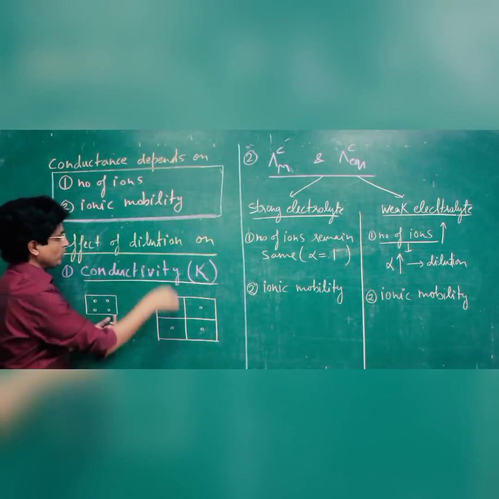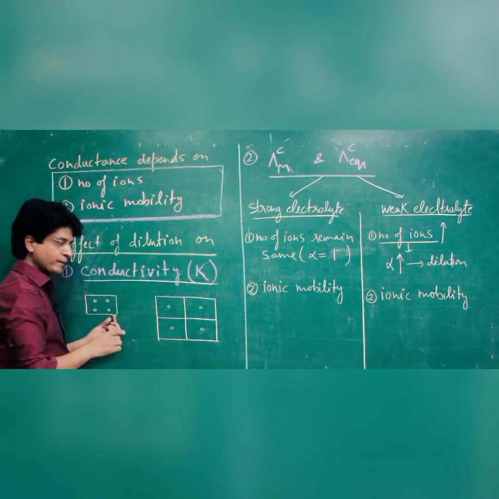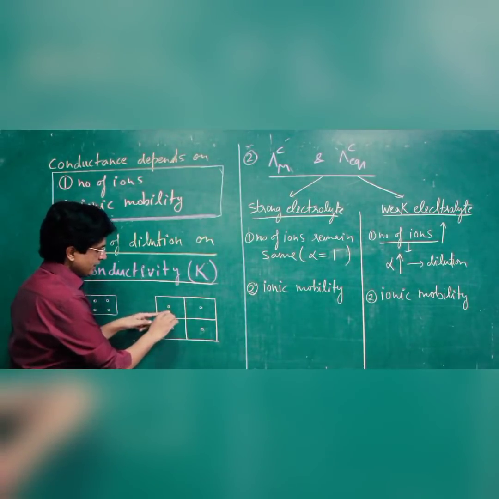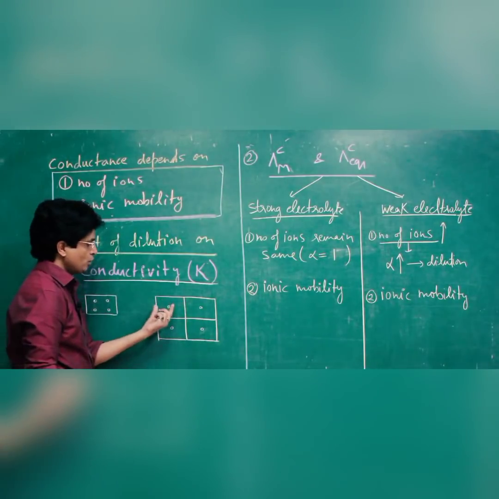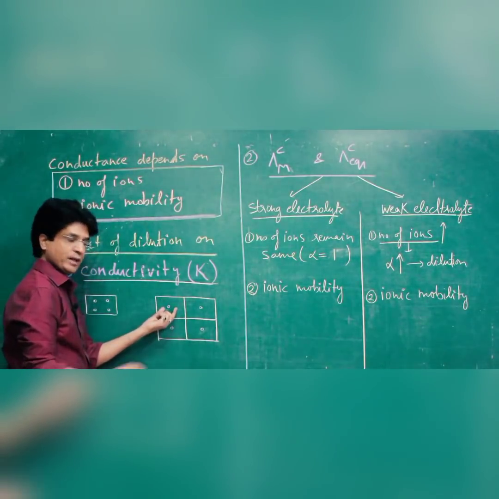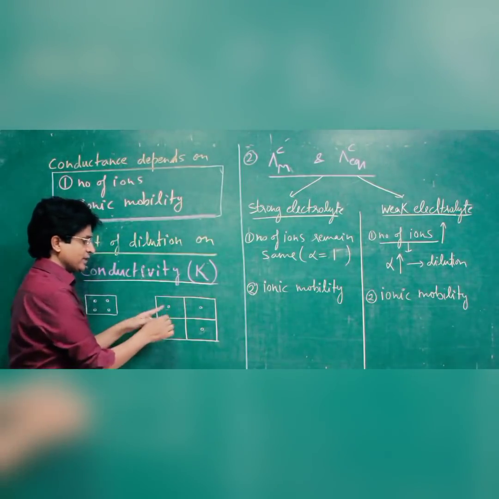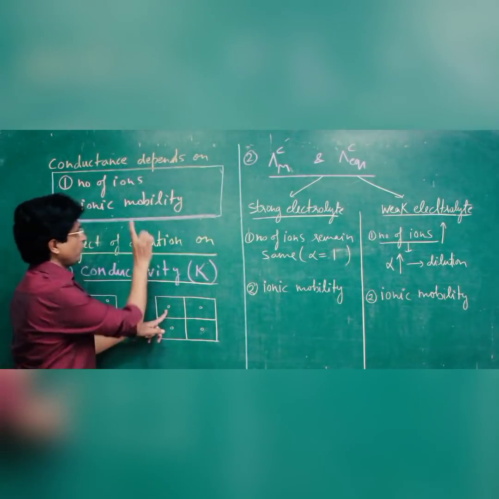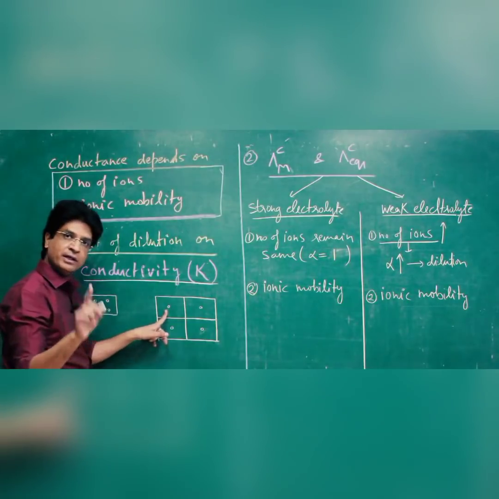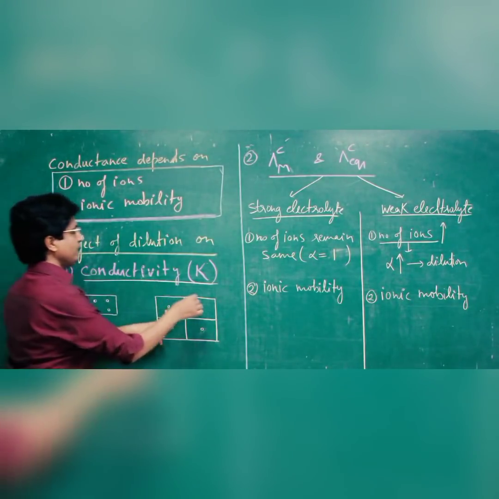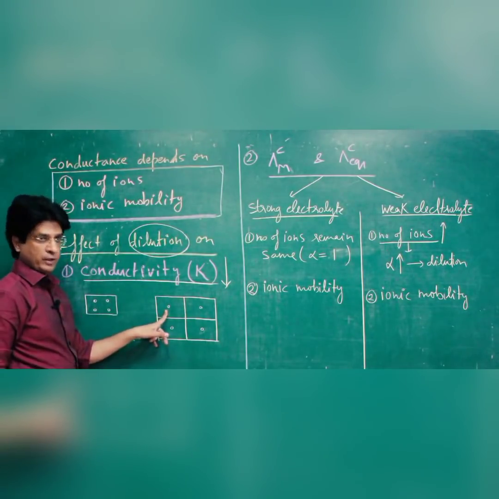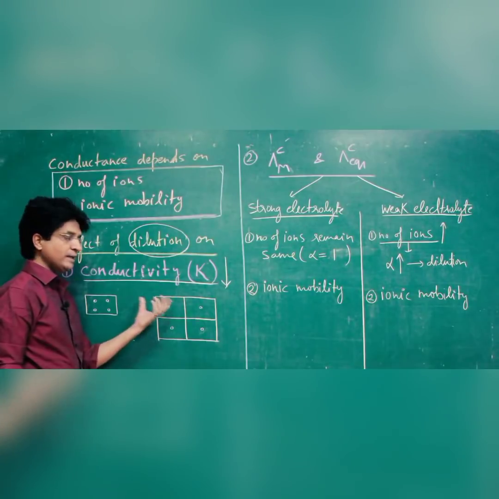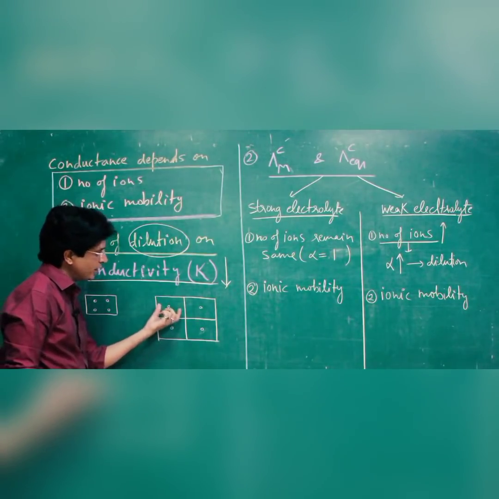But if I dilute this solution, then you will see that the number of ions per unit volume have decreased. So the conductance over here in unit volume solution is less now. It is just because of 1 ion. Number of ions have decreased. So conductivity will decrease on dilution, because conductivity is conductance of the ions in unit volume.